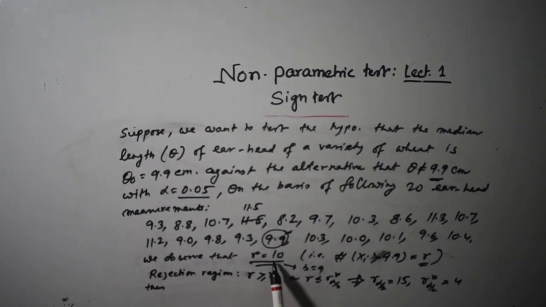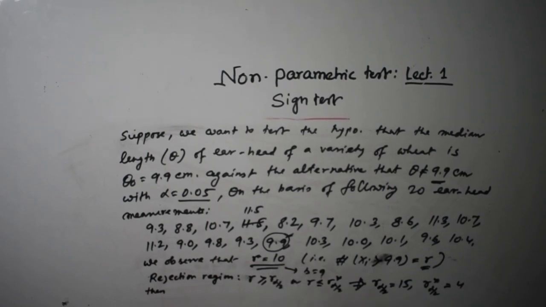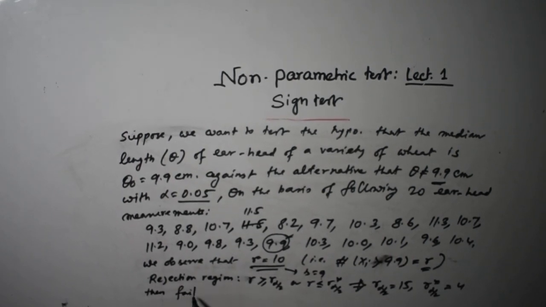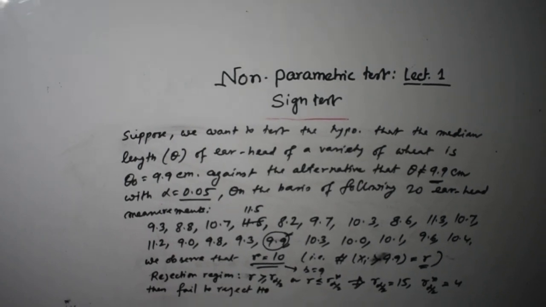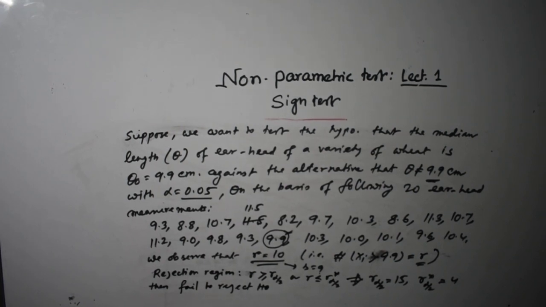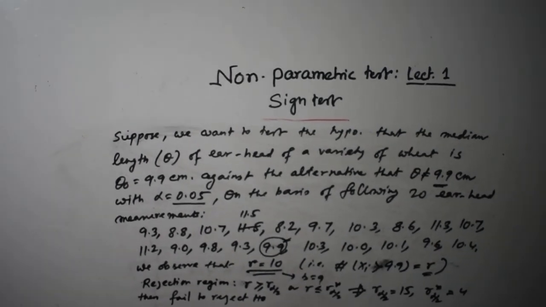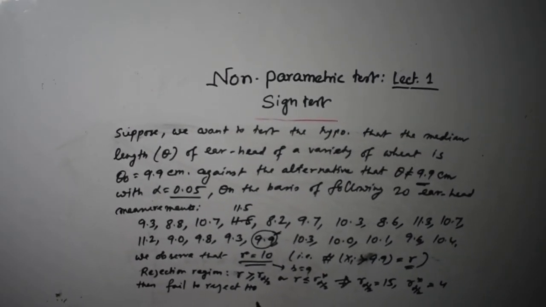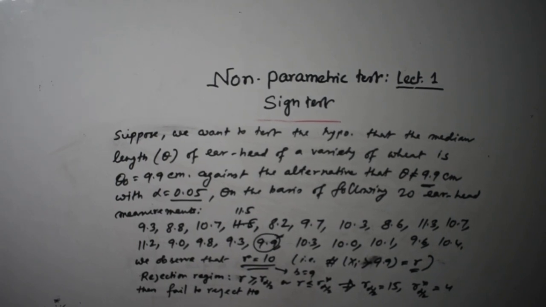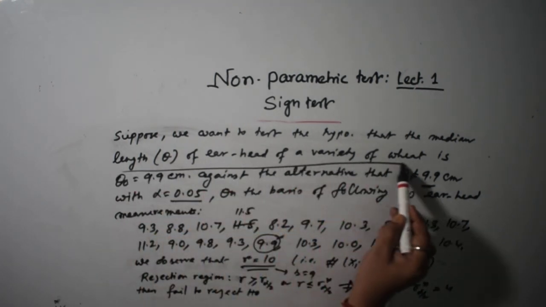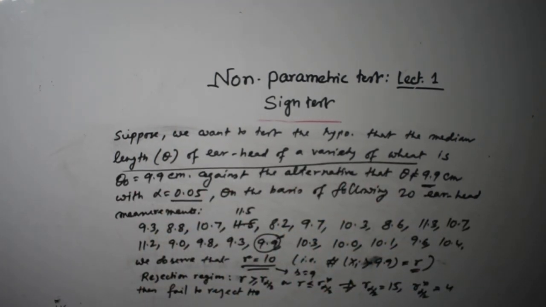Since your observed R lies between 4 and 15, we fail to reject H naught at 5% level of significance and conclude that there is sufficient evidence that the length of ear head of this variety of wheat is 9.9 centimeter.